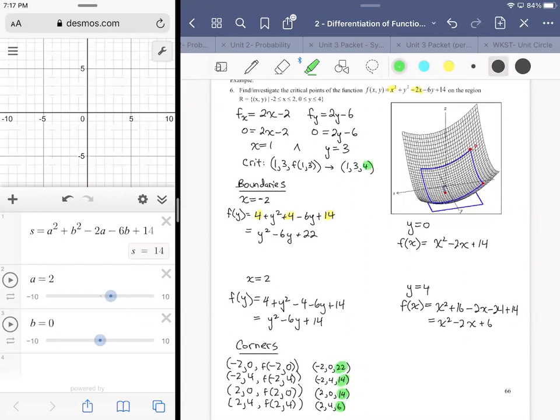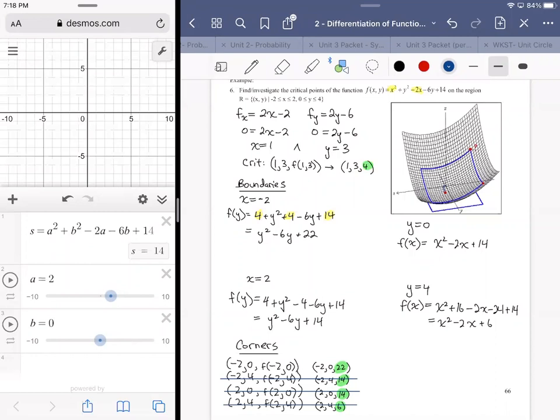We also have to take care of the boundaries in a sec. The smallest value that I have here is 4. The largest value I have here is 22. So these others are out; they are not going to be absolute extrema, so I don't have to worry about those points. I just have to take care of the boundaries now.